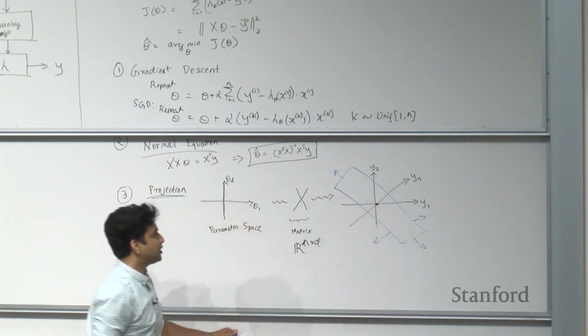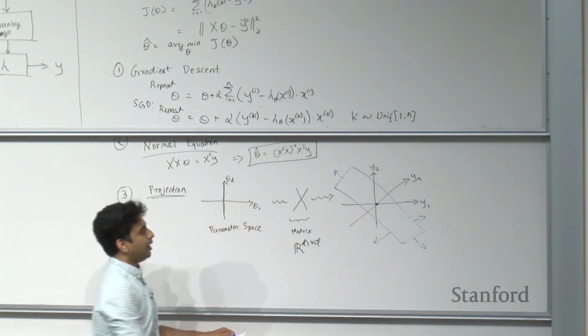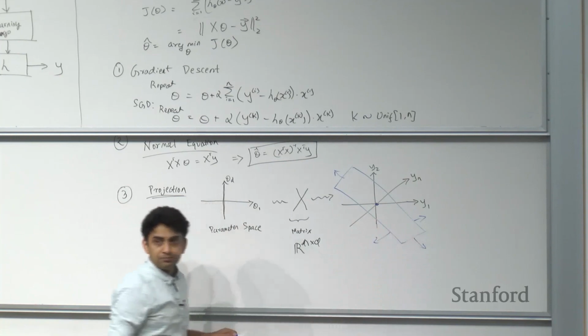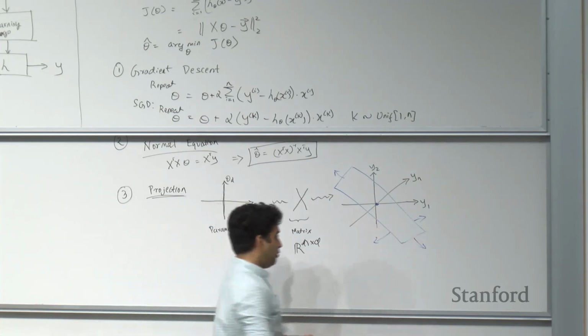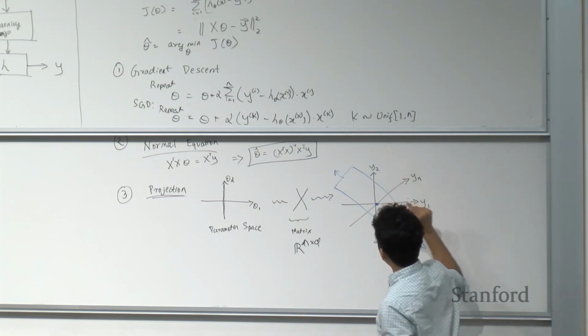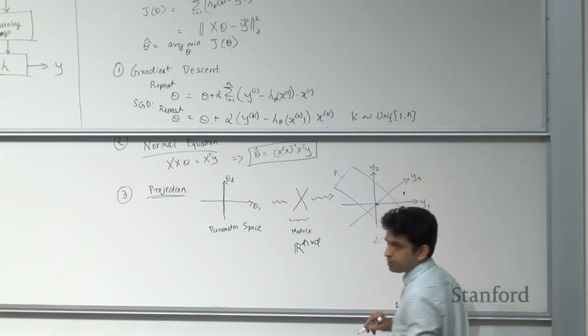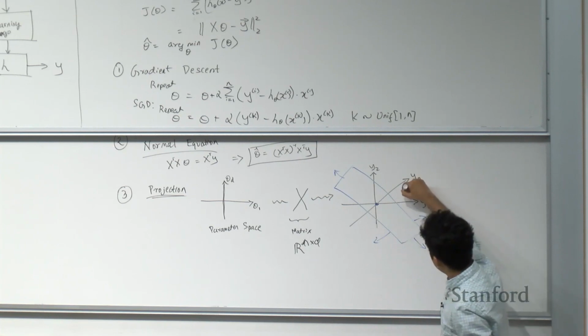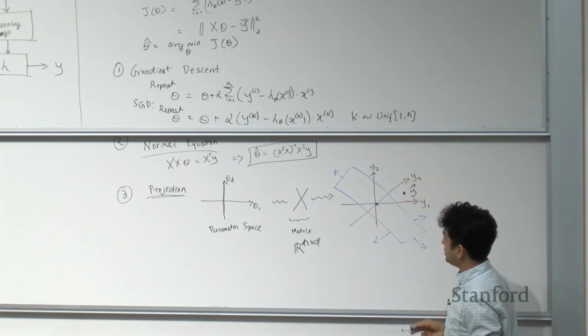By definition, a subspace crosses through the origin. And this subspace is d-dimensional. However, for the given data that we have, the vector y may reside outside the subspace. So this is the y that is given in the data.